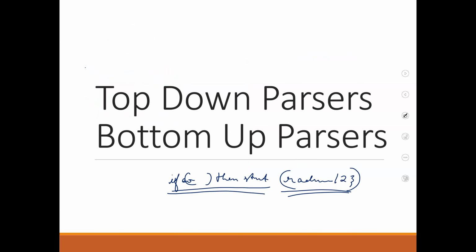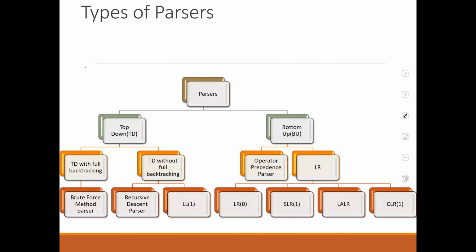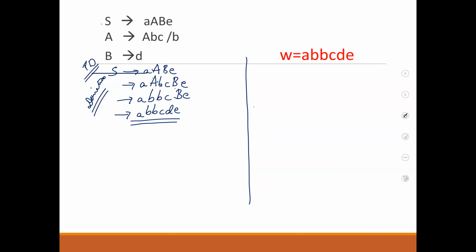Now, if you look into your type of parsers, as I told you earlier, top-down, they follow the leftmost, and bottom-up, they will be following the rightmost. So even if you look into what we have derived, we can understand that in your top-down parsers, the leftmost expression gets expanded initially.